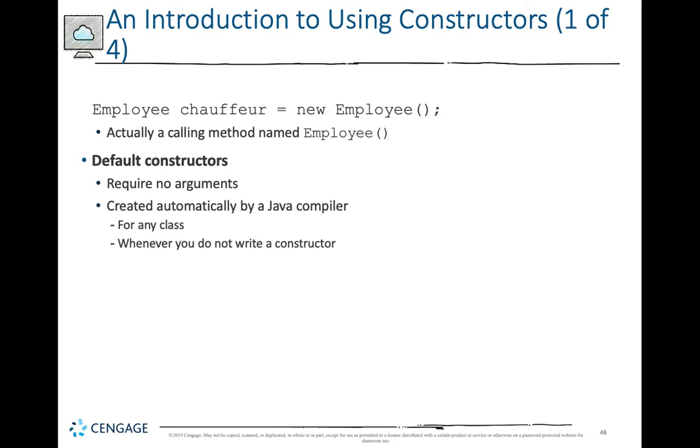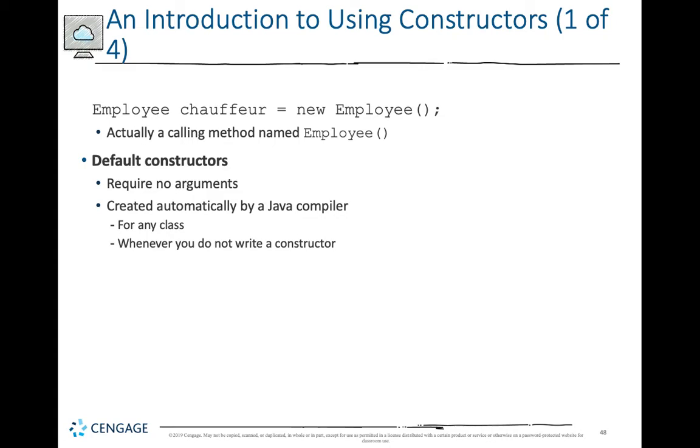Now, your constructor is a class level method. It creates something for you. It's returning something for you. So when you're calling it, you're actually calling a method named employee, and it's generating the object for you.